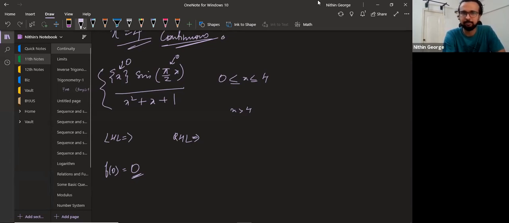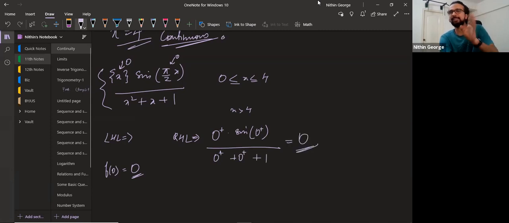Now the right hand limit, what will that be? The fractional part of a value a little greater than 0 will be a value a little greater than 0, times sine of a value greater than 0, divided by 0 plus 0 plus 1. This also comes out to 0. I hope you can see this clearly, the RHL here.